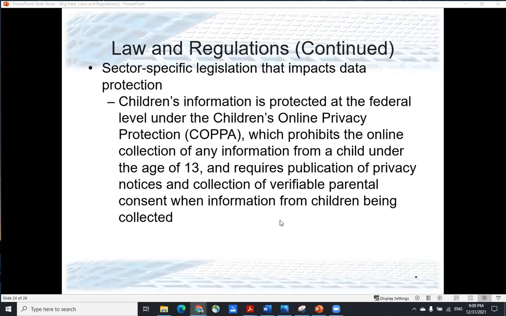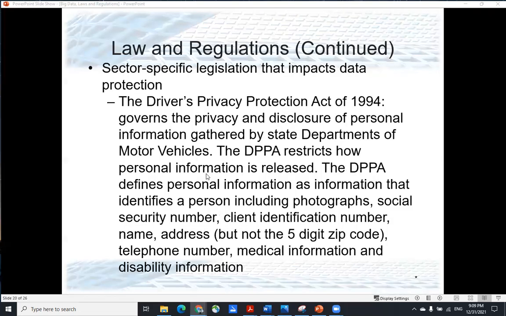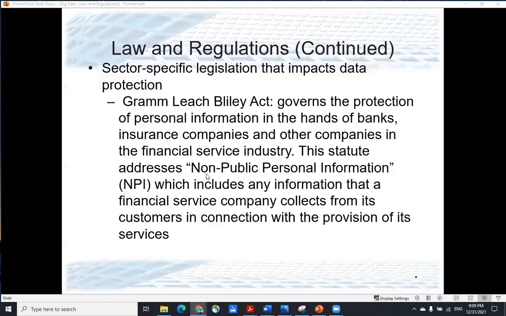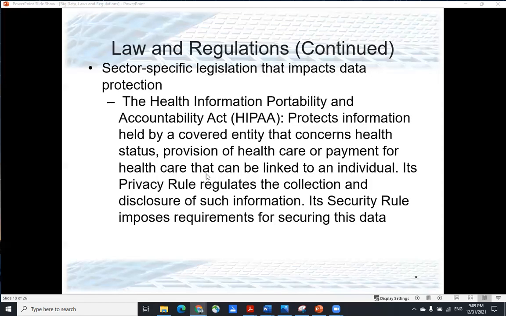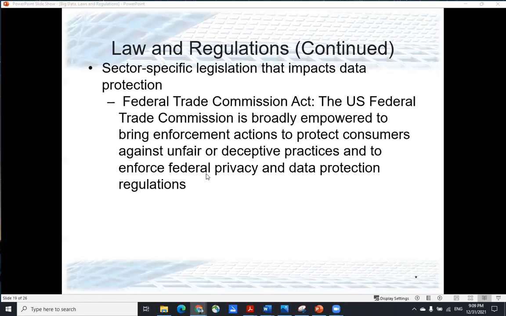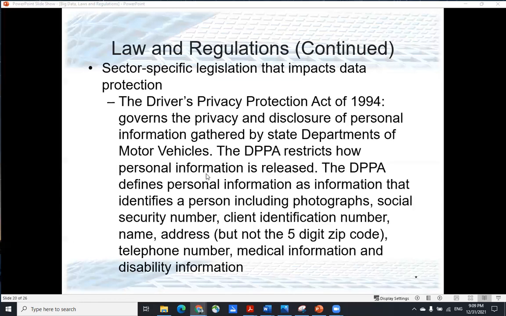It requires publication of privacy notices and collection of verifiable parental consent when information from children is being collected. This is not the same as the other act I mentioned earlier about children, which talks about under 18, but this is a little bit different.